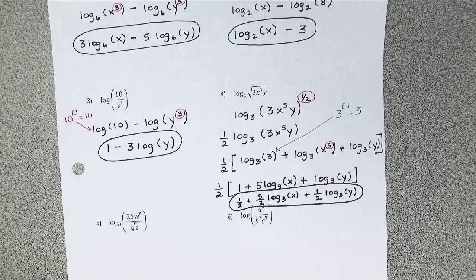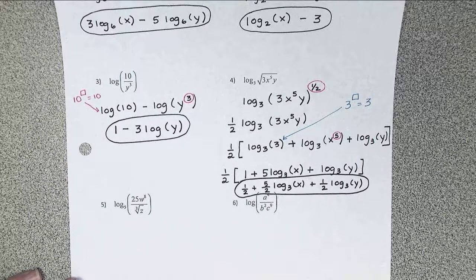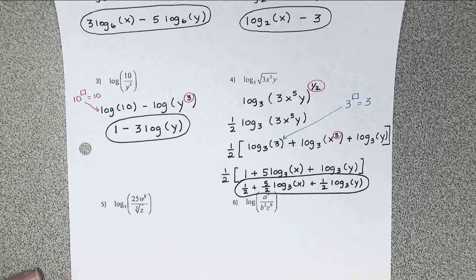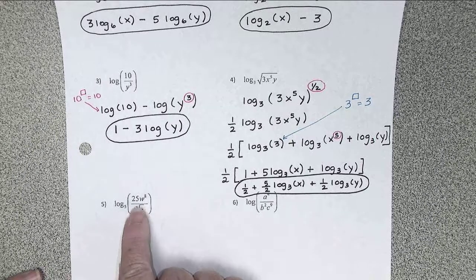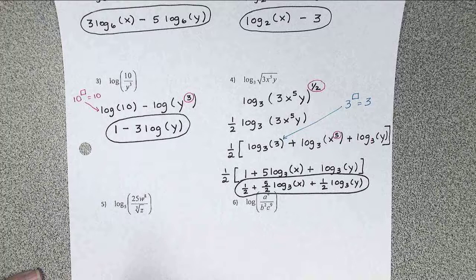All right, in these next two problems, we have a combination of products and quotients going on. In number 5, I see multiplication on the top, so that's a product, but then clearly there's division with a quotient as well. I like to start with the division.